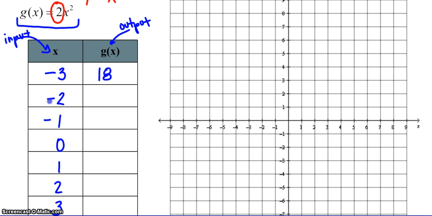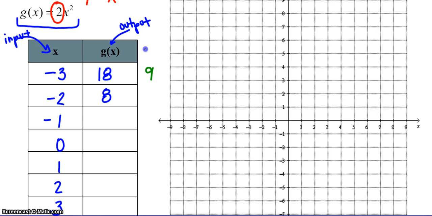So that gives me 18, because 9 times 2 is 18. I'm going to do the same thing, putting a -2 in. When I put a -2 in for x, I have -2 times -2 is +4. 4 times 2 is 8. So let me write over here what we've done: we put a -3 in, and we got -3 times -3 is 9, multiplied by 2 is 18.